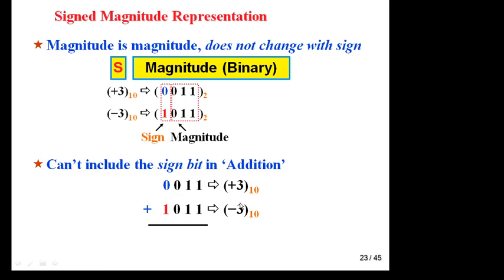So this is your plus 3, this is your minus 3. 1 plus 1 is 0. 1 plus 1 plus 1 is 1 carry 1. 1 plus 0 is 1. So this is your minus 6: the sign bit 1 and the magnitude 1, 1, 0, which is 6.